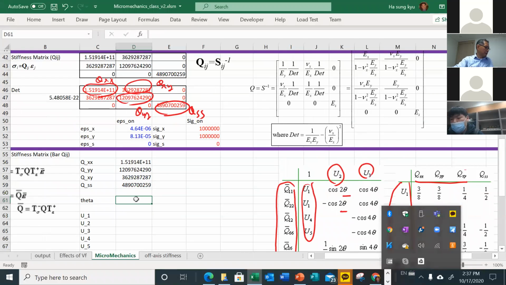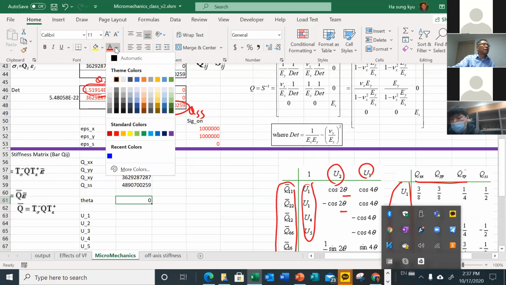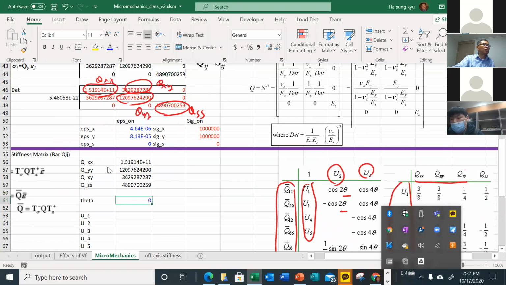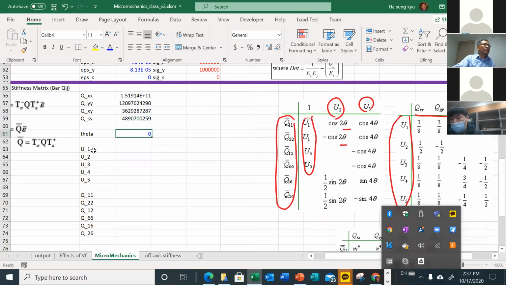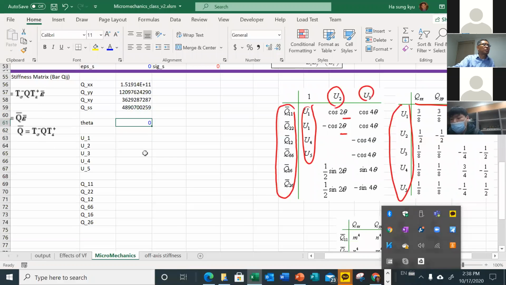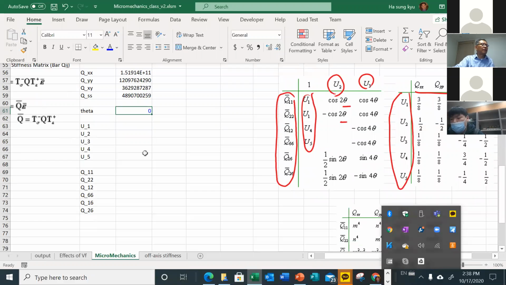And theta is the angle which will be given, and we can say 0 degrees. Later we can change it. I will give it a color blue to indicate that this is the input. And by the way, this is in terms of degrees. And now we will use the radian.